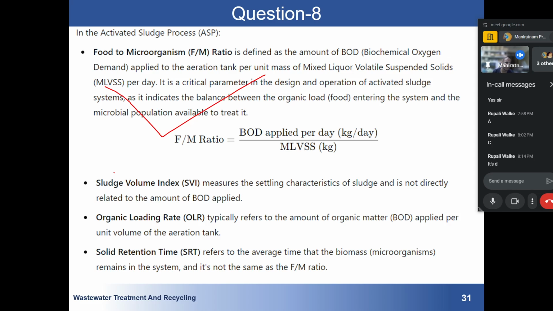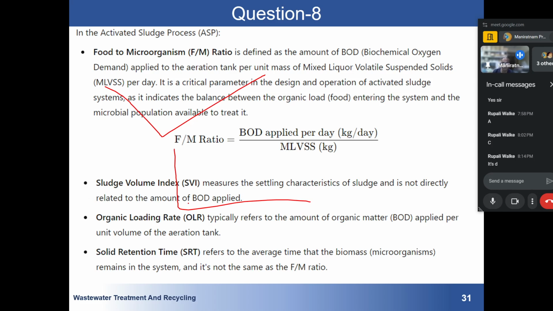Obviously all the organic matter will not get decomposed, so you have to add more, and it will be a waste of resources. Now, if there is a very small amount of organic matter and the microbes are very high, then all the microbes will start to die because they have very little food. So we have to maintain a balance and find an optimum value of microbes depending upon the amount of organic matter. That's why this food by mass ratio is very essential.